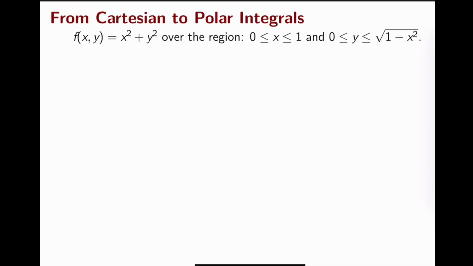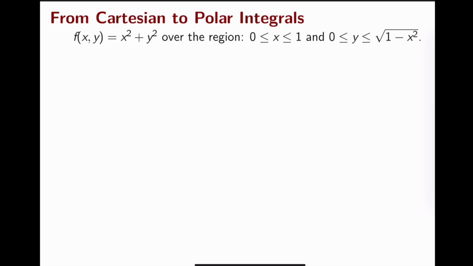If the function, as will be in most cases, is given in Cartesian and we want to calculate it in polars, that is mostly because the operation will be much easier depending on the region and depending on the function. It may be much easier to calculate in polars than in Cartesian.